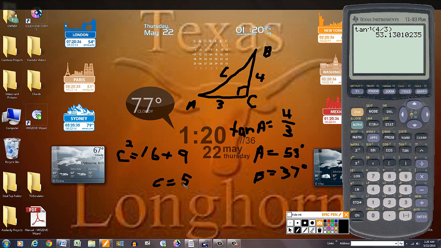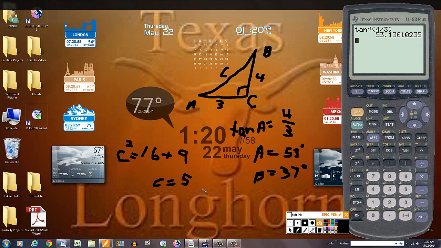Okay, so that's basically how you solve a right triangle. You can apply the Pythagorean theorem. You can apply the basic trig functions, either the sine, the cosine, or here in this case I used the tangent to find angle A. This, of course, is not going to work.